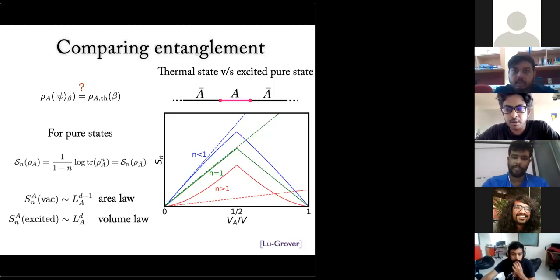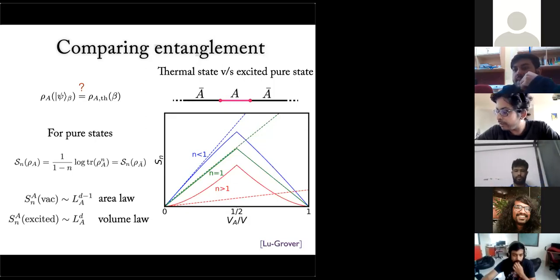But I think in some system, probably it was the XXZ spin chain, which is integrable, the history of that went like people included the local conserved charges. And then they saw that the system does not relax to that GGE. But later on, they realized that there are these quasi-local charges.